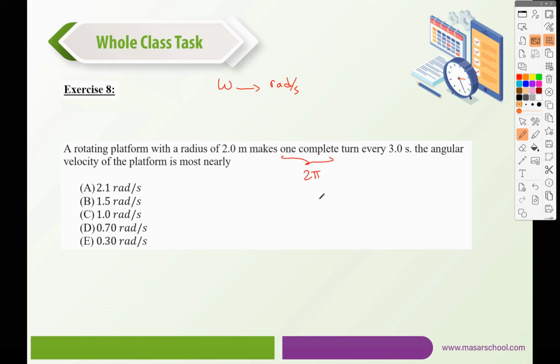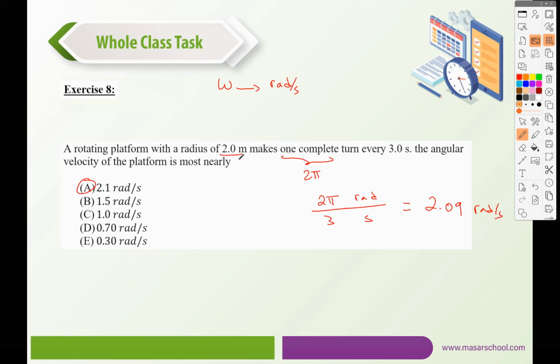Therefore, that would be 2 pi divided by 3, which makes it radians per second. Now, plugging that on the calculator, we would have the following value, which is 2.09 radians per second, and the closest to that is given by A.